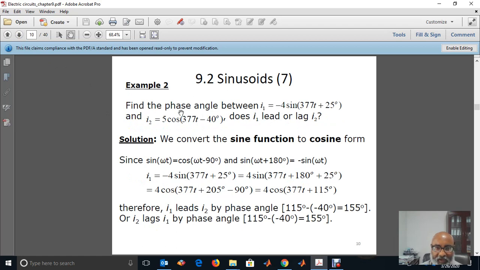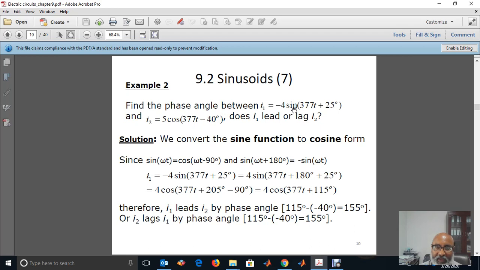As another example, if I have I1 equals minus 4 sin(377t plus 25 degrees), and I2 equals this, does I1 lead or lag I2? Okay, so to do this, what is the first step? The first step is we need to change them to the same form, either sine or cosine.